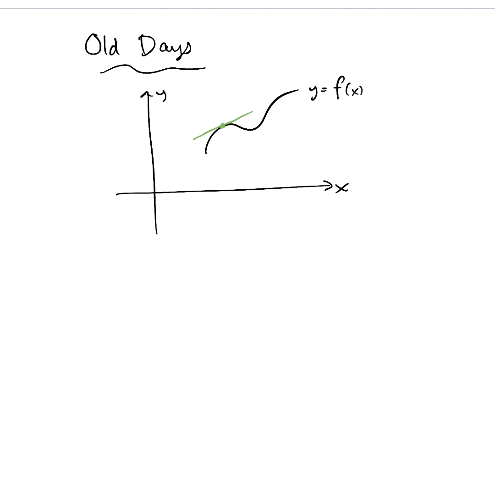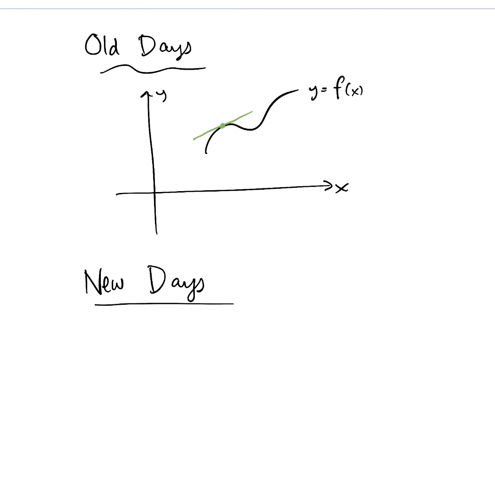That's what it meant to be differentiable. If you zoomed way in, the tangent line and the curve would be nearly indistinguishable. Okay, you got to ramp that up by one dimension into the new days.